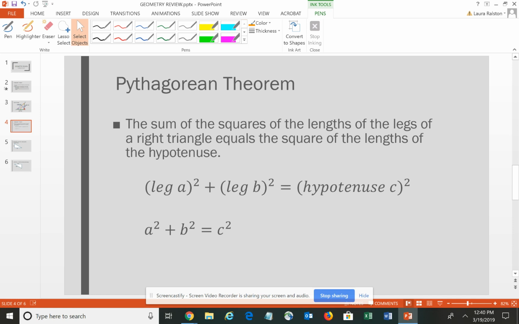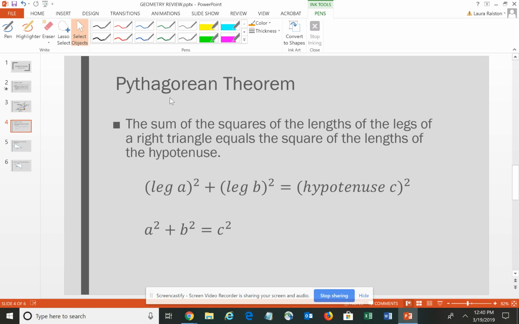Most people simply remember the formula a squared plus b squared equals c squared. But it's important to note that a and b represent the legs, or the sides of the triangle that come together to form the right angle, and that c is the hypotenuse, which is the side opposite the right angle.